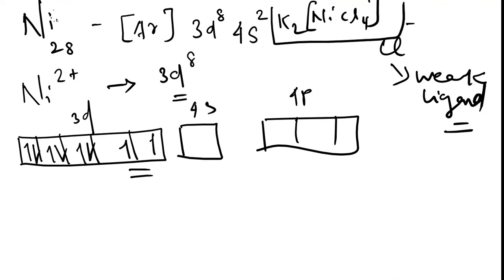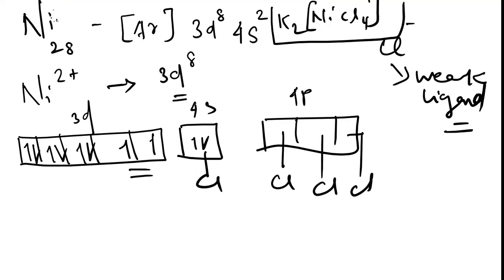So 4 chlorines are there. So here one chlorine will place its electron Cl, and here also Cl, and here also Cl, and here also Cl, right? So what is the hybridization? 1s and 3p. The hybridization is sp3. Is it clear? The hybridization is sp3.